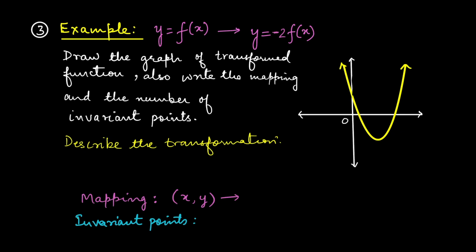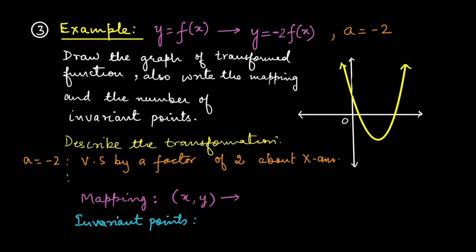Now we take this example. In this, y equals f(x) transforms to y equals minus 2 f(x). So the a value, as we see, is minus 2. So we have to describe the transformation. Since a is minus 2, we'll write vertical stretch by a factor of, the absolute value of minus 2, which is 2, about the x-axis.